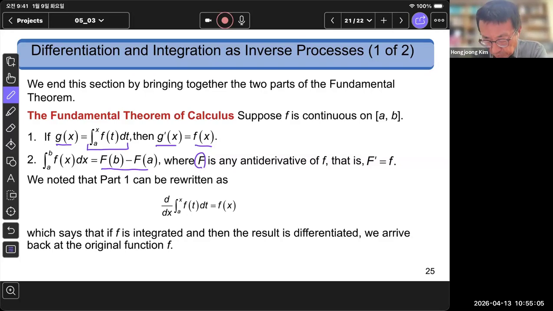So, as I said, g of x is an antiderivative of f, meaning when I differentiate this g of x, you get f of x.